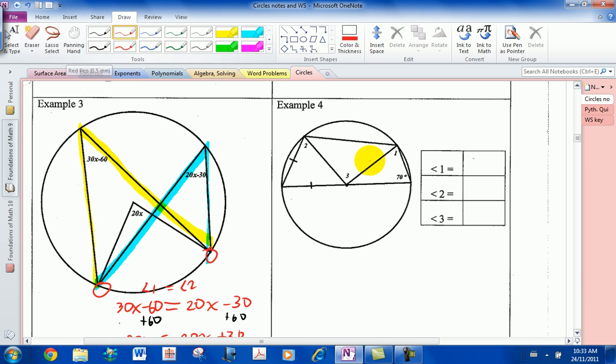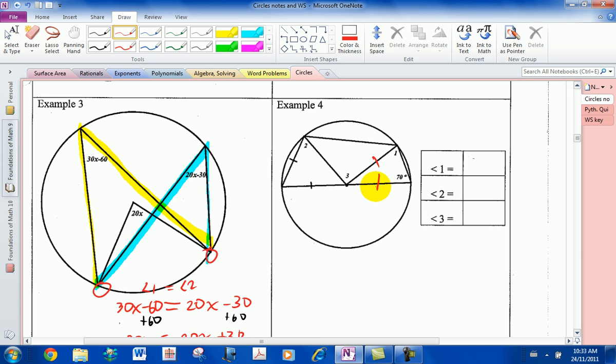Okay. So, angle 1. Charn, what's angle 1? You can get it? What kind of triangle do you have? You don't have to do any math for this.